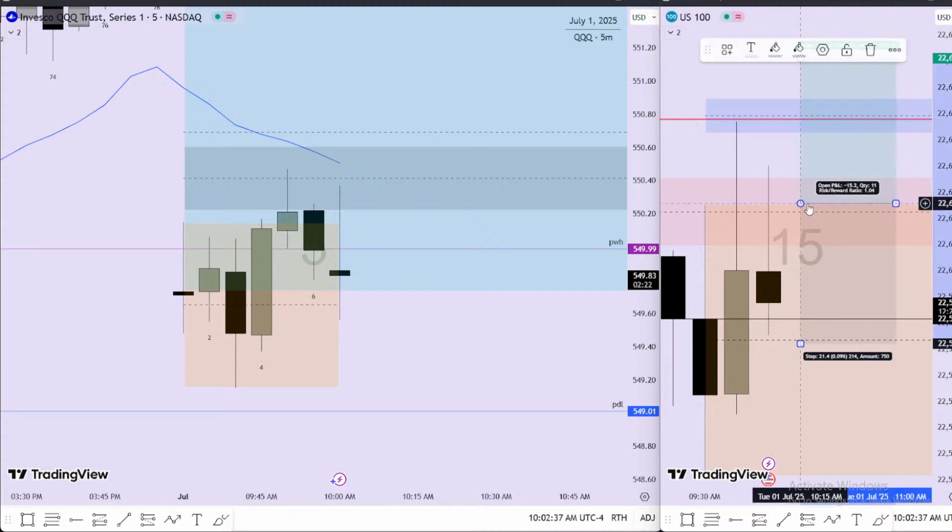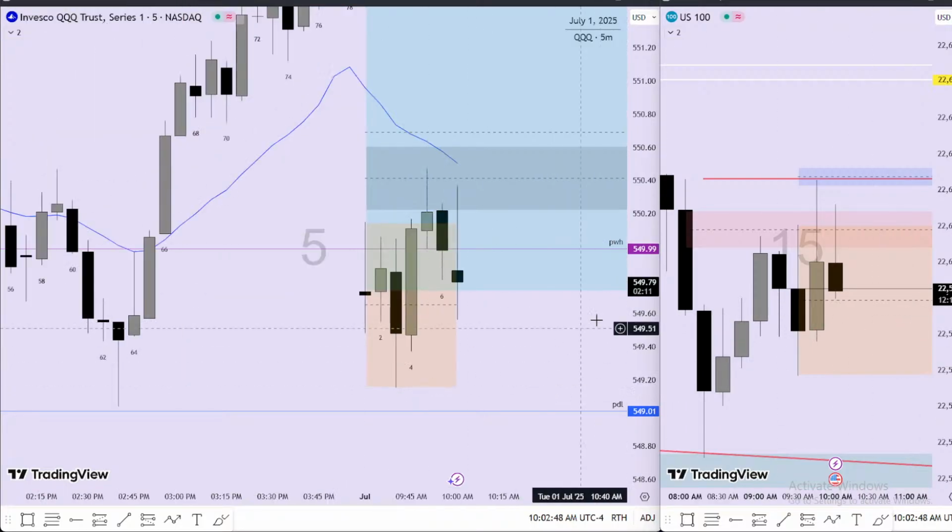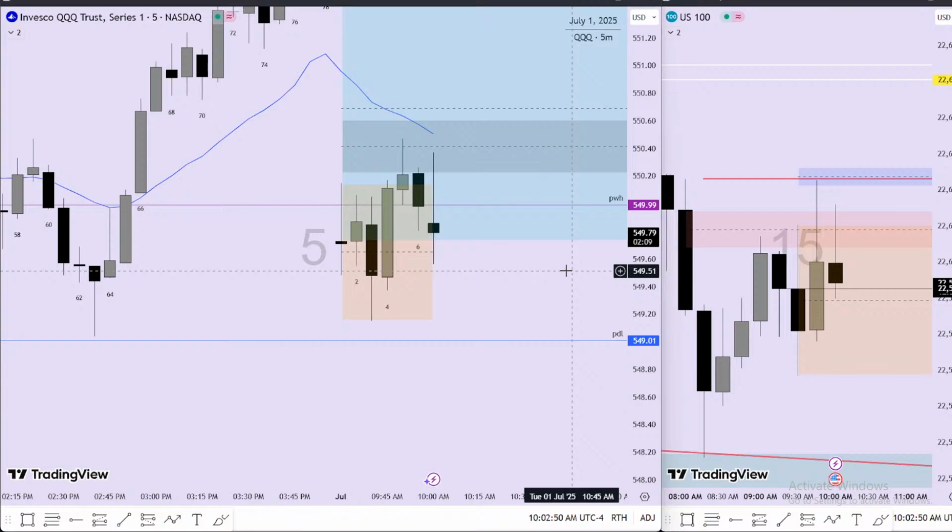So this, we never got a closing above that, never got triggered. So let's see. Retesting the open of the day again.